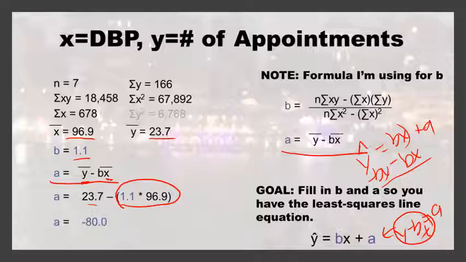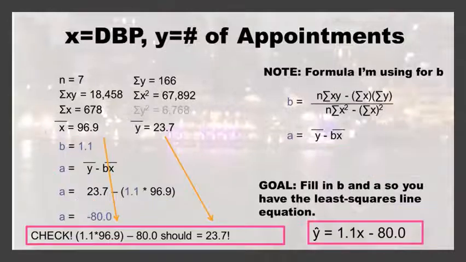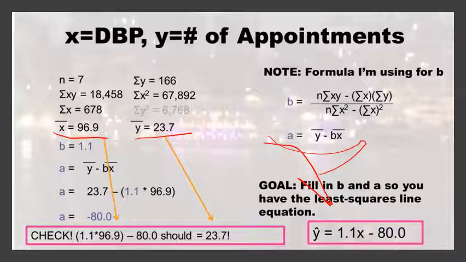So now that we have all our missing pieces, it is always a good idea to actually check your work. Okay, so how would we do that? Well, we could literally just take our x bar and y bar and plug that into this equation.